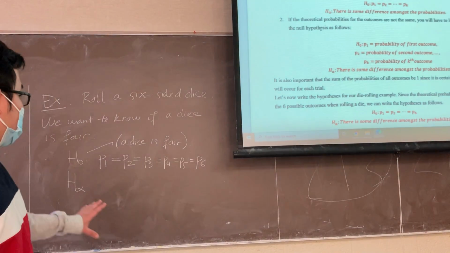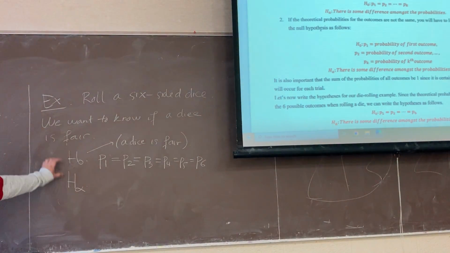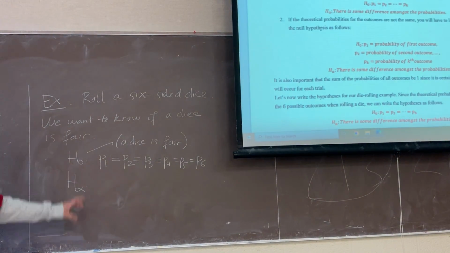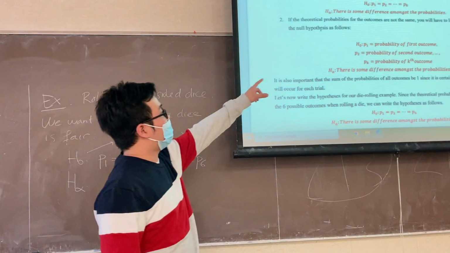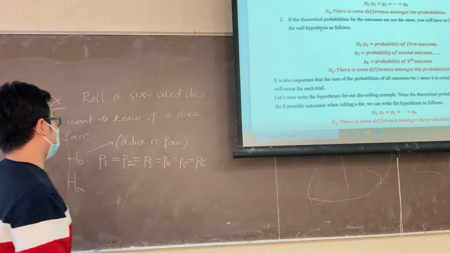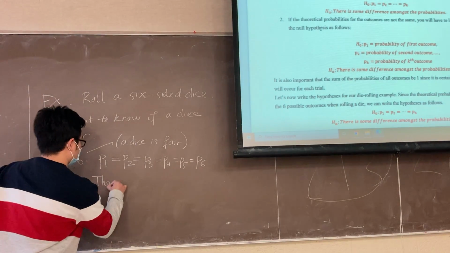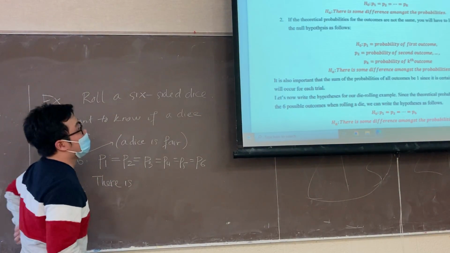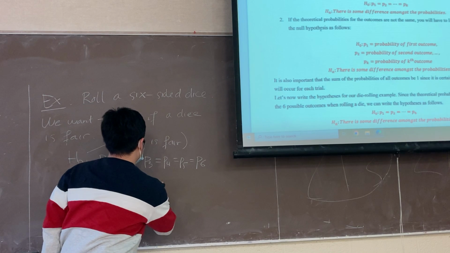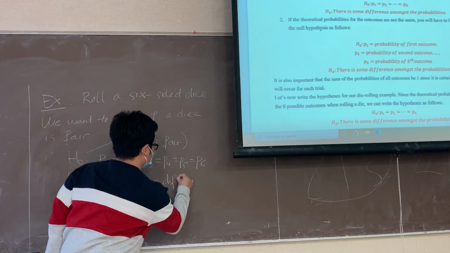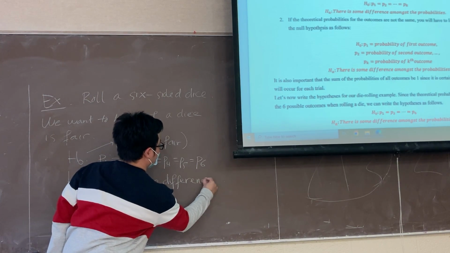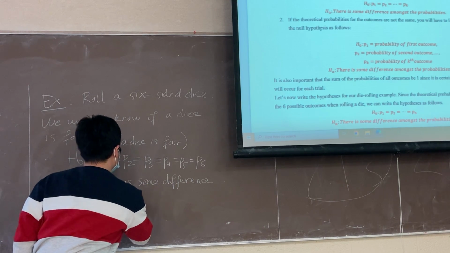And the alternative hypothesis is different from the null hypothesis, the opposite side. That means there is some difference among these probabilities.